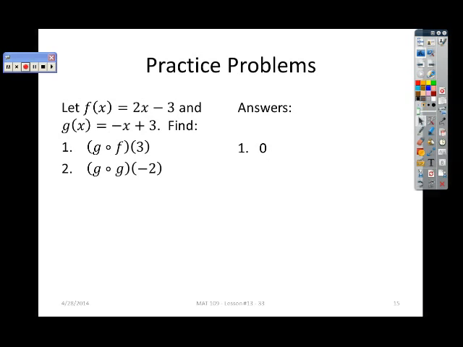Well, I've said it, and I'll keep saying it, watch those signs. They're little things, but they make big differences in the answer. And in the way we're working the problems with both the homework and the tests, it's either right or wrong.